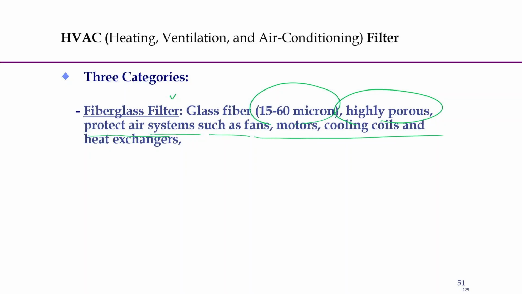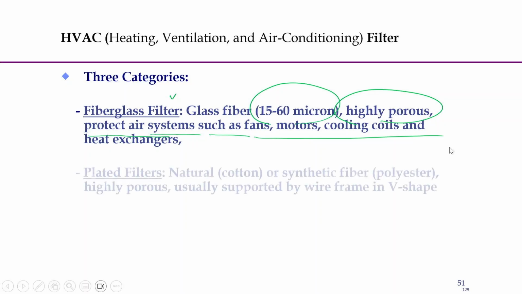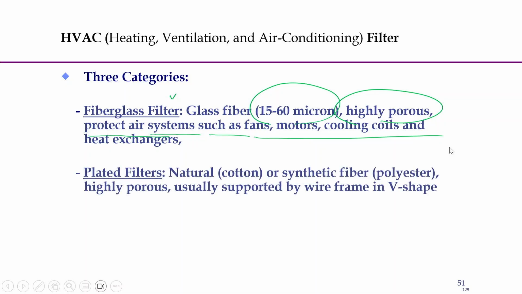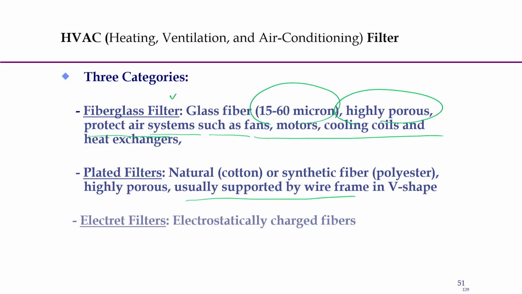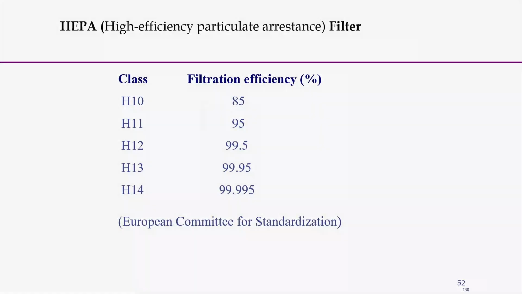So, these are the coarse filters. Then pleated filters, which we can get from natural fiber, synthetic fiber, and these are usually supported by a frame. And then electric filter, so electrically charged filter. So, in the HVAC filter we can get all these different variants.